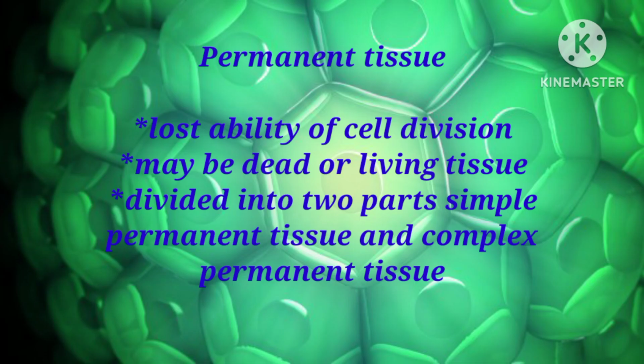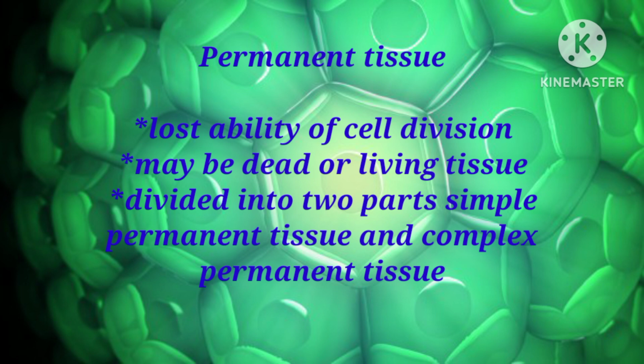Now next we'll discuss permanent tissue. Permanent tissue is the tissue which has lost the ability of cell division. It may be dead or living tissue. It is divided into two parts, simple permanent tissue and complex permanent tissue. We'll discuss simple permanent tissue first, then complex permanent tissue.